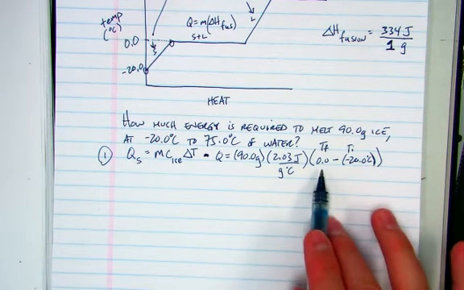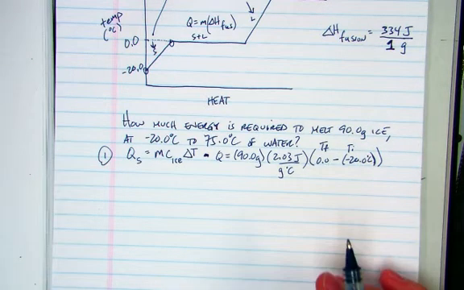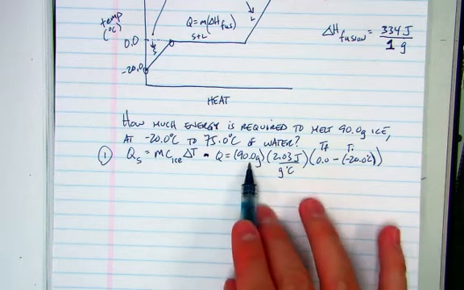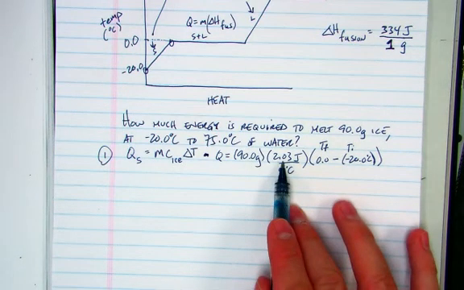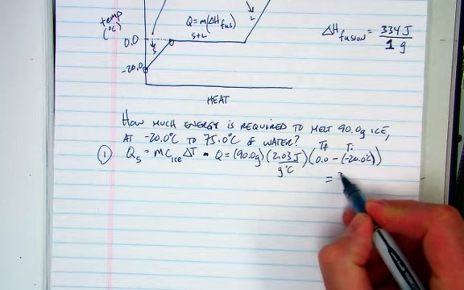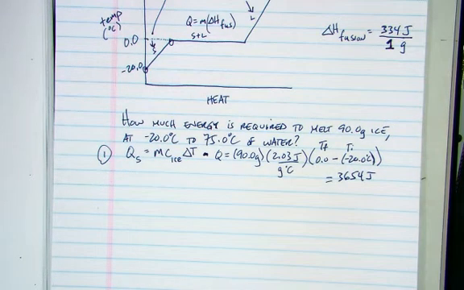So in our delta T, we're taking minus a negative 20, which is making this value positive. So when we take 90 times 2.03 times 20, what we get is 3,654 joules. Okay.